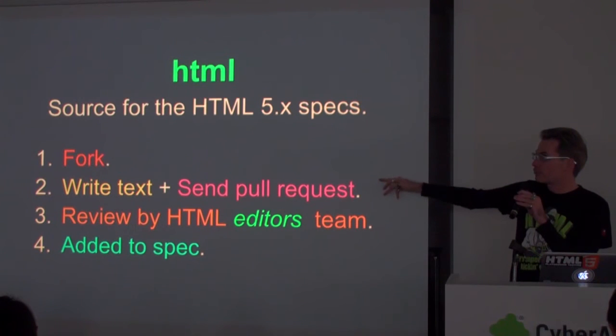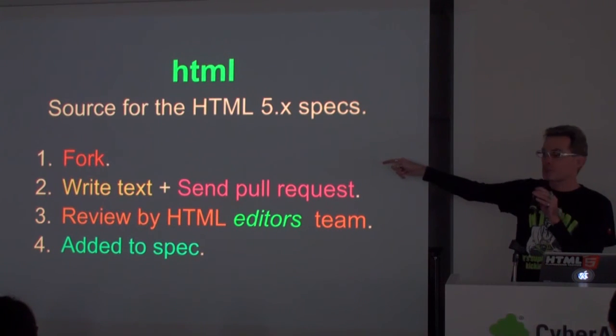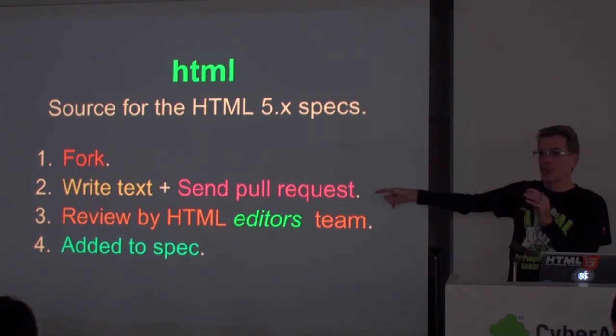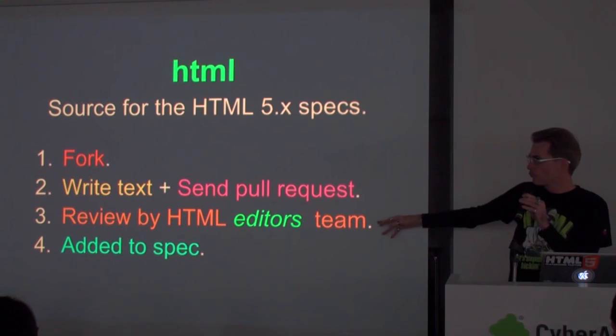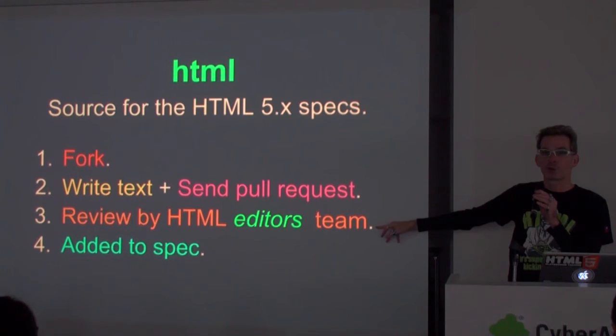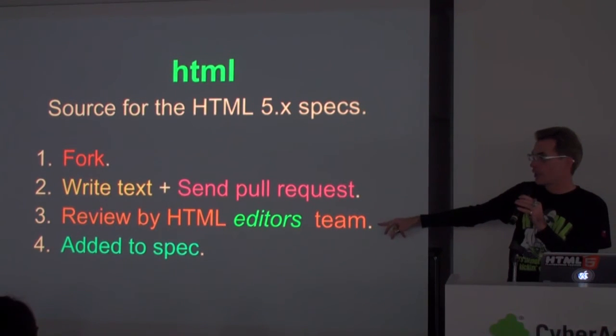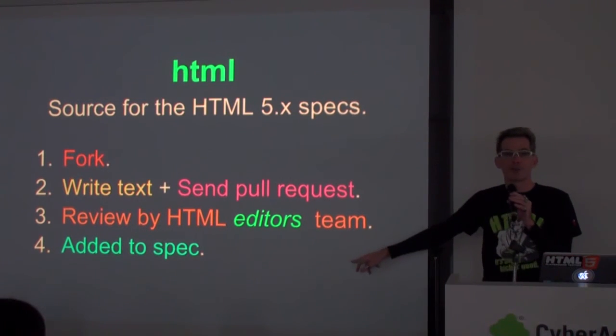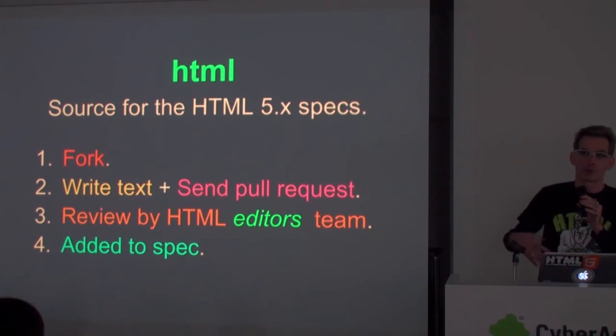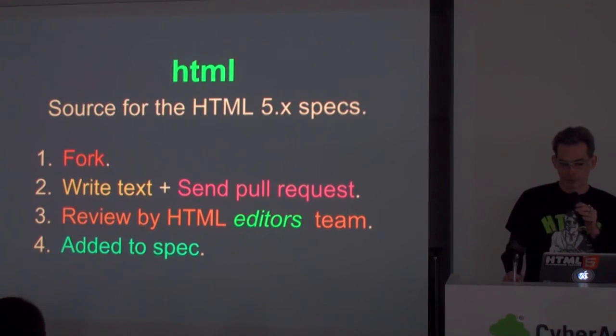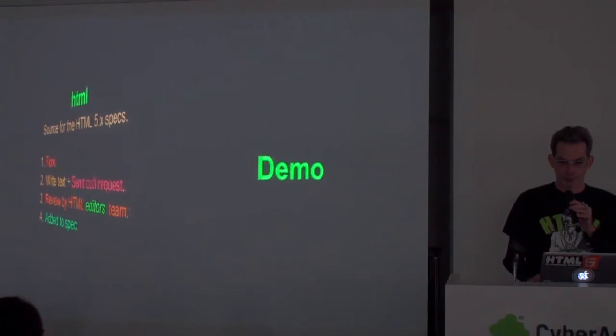And we have the same thing for the spec. So you can actually fork the entire HTML spec and contribute some text for something. The HTML working group reviewers and editors will review that and then it can get added to the spec. So we're using this open source model for spec development also.